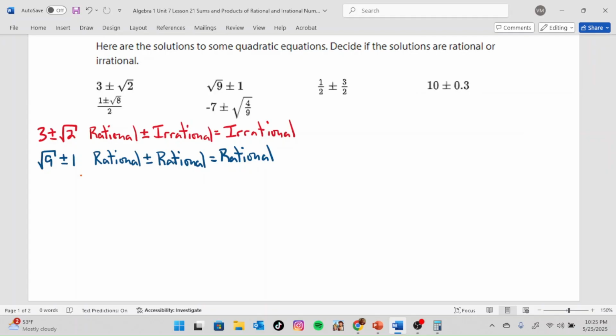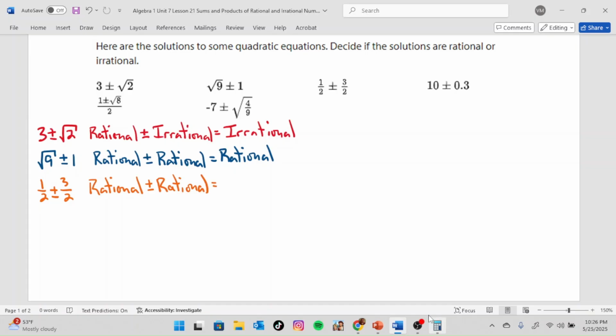The next one that we have is 1/2 plus or minus 3/2. 1/2 is a fraction, so that is rational. 3/2 is a fraction, so that is rational.